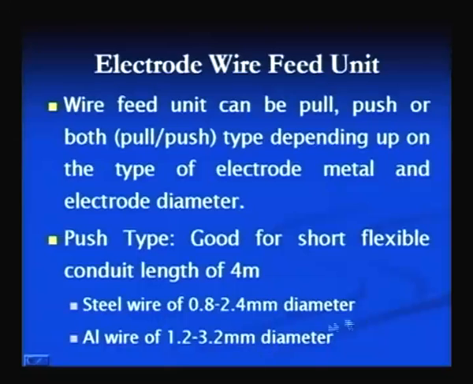Very long conduit length is not possible with push type wire feeders because of the tendency of the filler wire to bend when it is passed through the conduit pipe, because a lot of frictional resistance will be there between the electrode wire and the conduit surface when it is fed through the conduit.